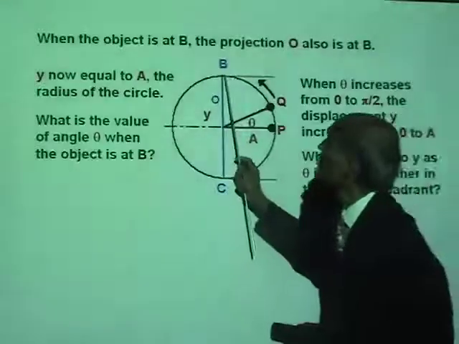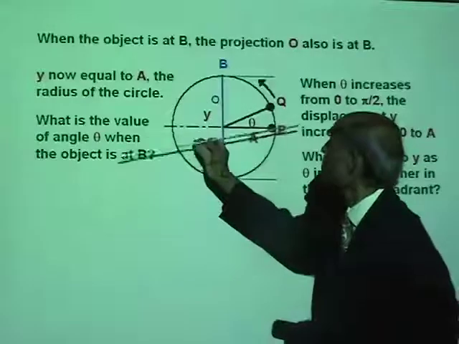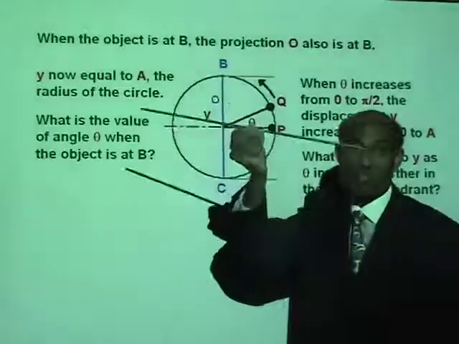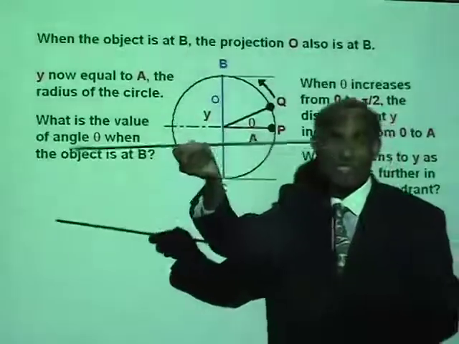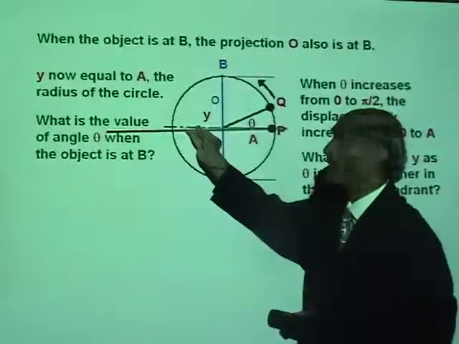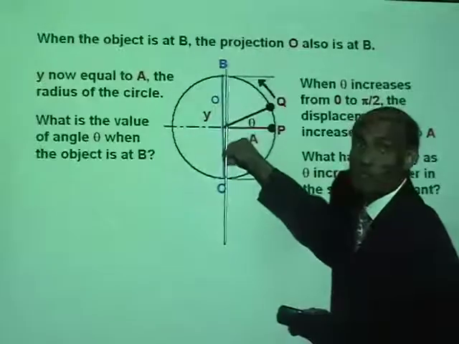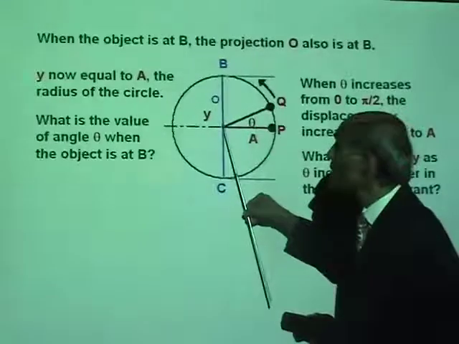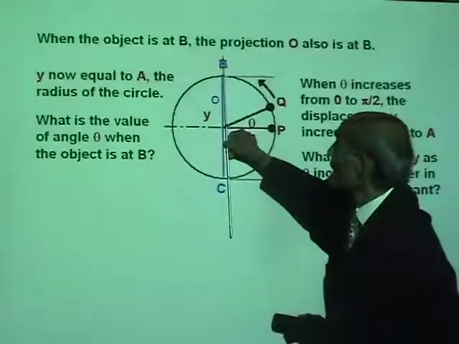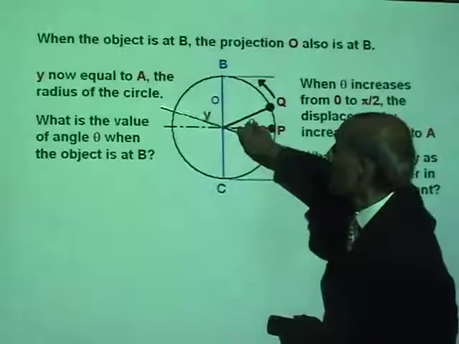As the object moves down the circle, watch my little pointer. I'm going to use this as a constant companion for my class. As angle theta increases from 0 to pi by 2, y increases from 0 to a, and as the angle increases from pi by 2 to pi.